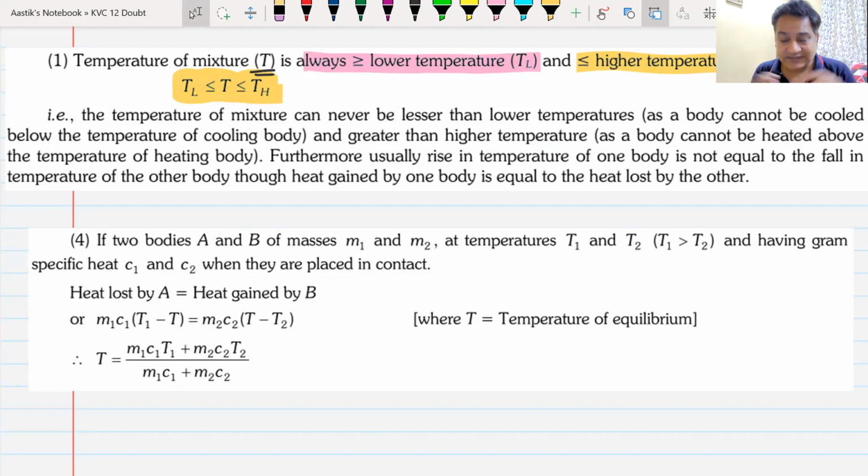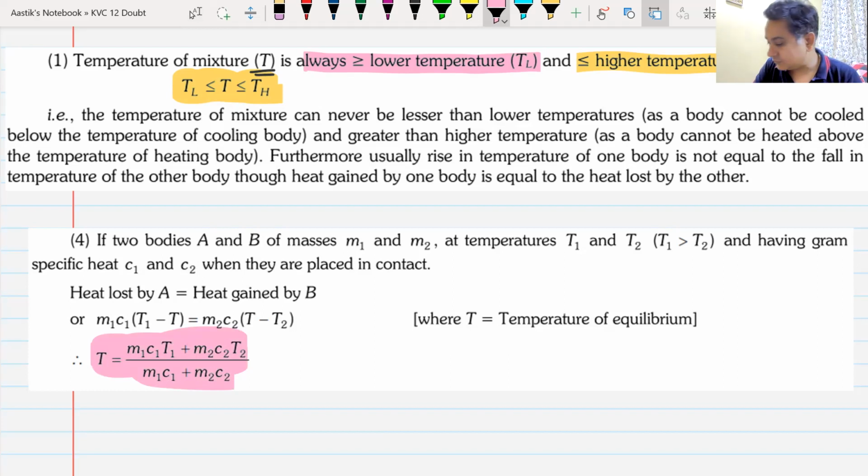When I say two bodies, they are two liquids. They are mixed with each other. One will have temperature T1, mass M1, specific heat C1, the other M2, C2, T2, mixing together. What is the temperature? So this is the answer. Don't have to do everything, heat loss, heat gain. Whatever you do, you will end up with this.